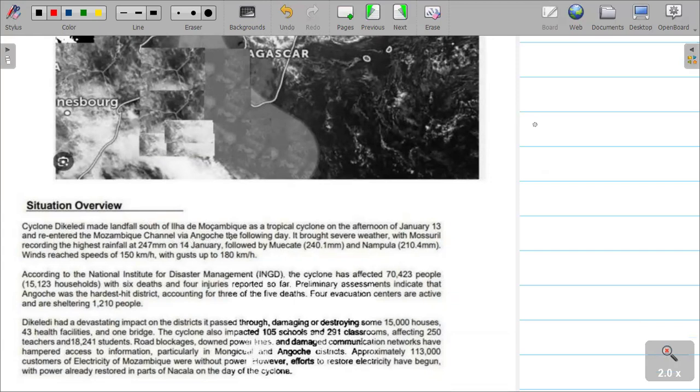It brought severe weather, with Mansuri recording the highest rainfall of 447 millimetres on 14 January, followed by Marquette, which had 240.1 millimetres, and then Nampula.